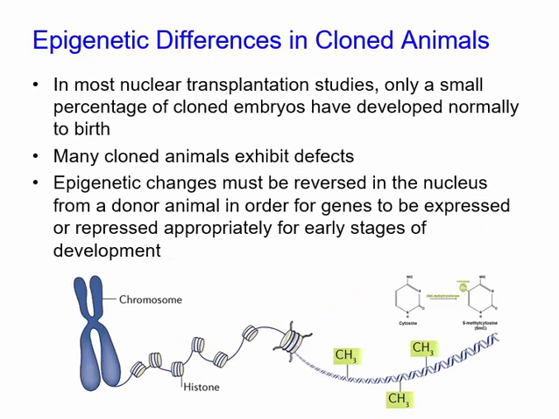And so this is probably one of the critical hindrances or stumbling blocks in cloning. There really needs to be a way to reverse any of those epigenetic changes to sort of reset the clock for that particular nucleus to the point where it is like a totipotent nucleus that can be transplanted into that developing embryo.